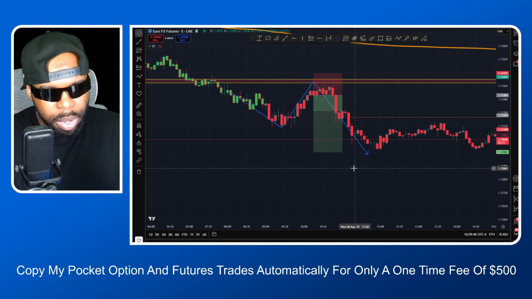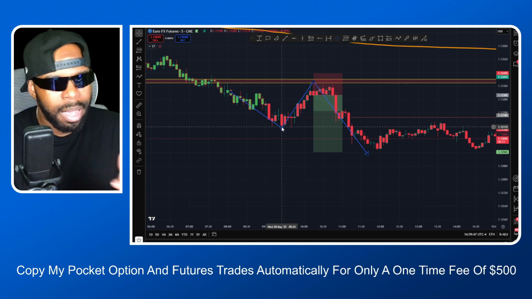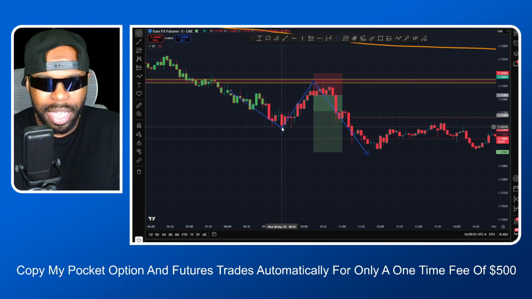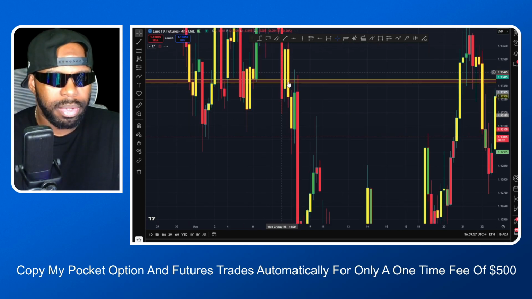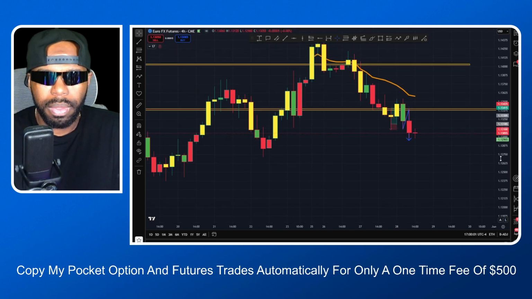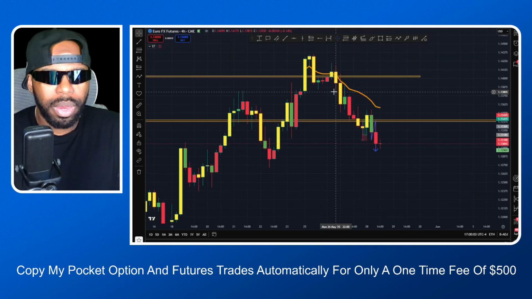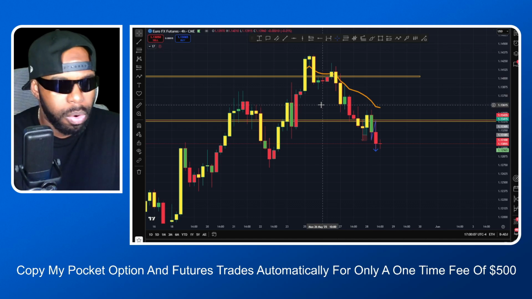But one thing that you need to know is the higher time frame trend. Okay. Sometimes I take trades against the higher time frame trend, but you really want to go with the trend. Okay. So if you go to the 4 hour here real quick, all right, you'll see that we're creating lower lows and lower highs.